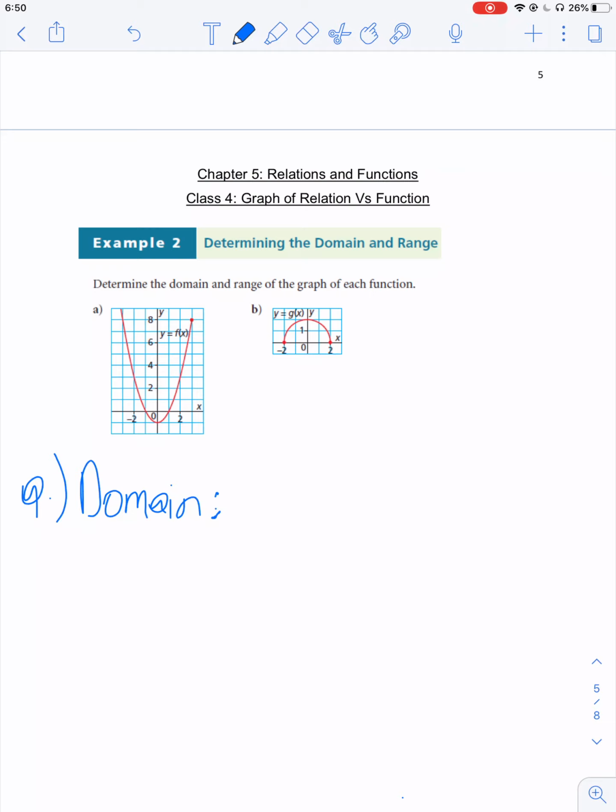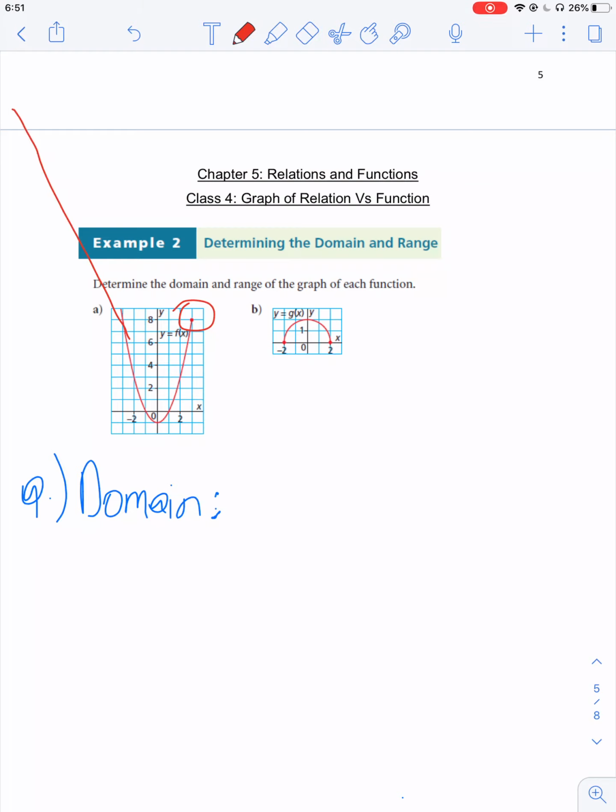In this case, I have a dot over here, so that means that my function stops here. It doesn't continue. I'm just gonna circle that. Here, I don't have a dot, so that means it continues. It goes up, but it also goes sideways. So if you think about it, there is no minimum x value, because this function is going to go on forever and ever.